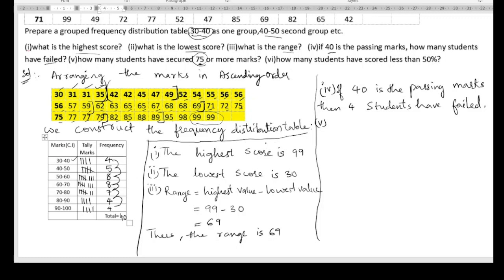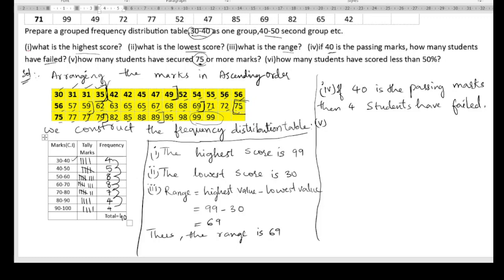Next is the fifth part. They are asking how many students have secured 75 or more marks. We need to look at 75.